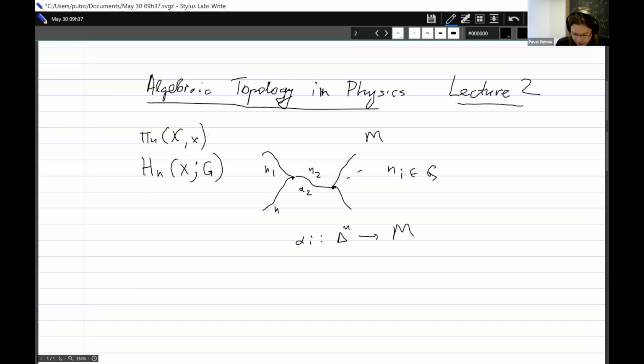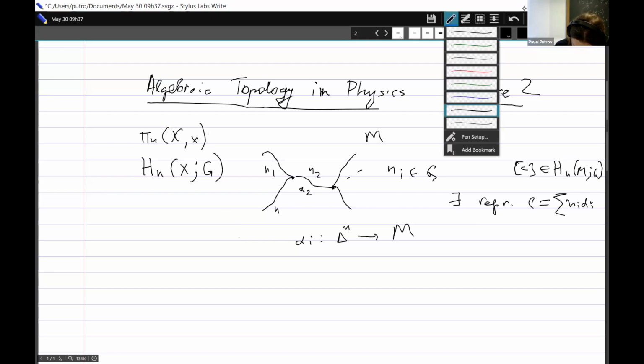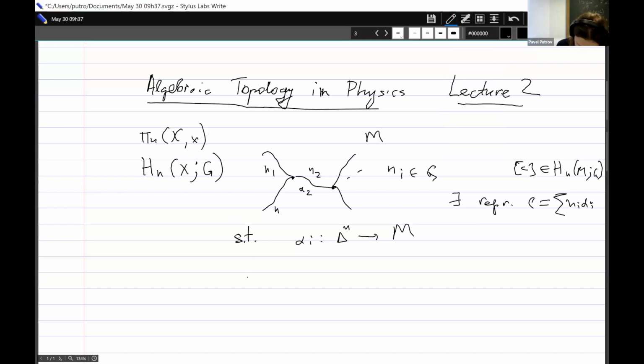So we can always find a representative of a class in homology, C equals the sum of n_i alpha_i, such that the alpha_i are smooth embeddings.